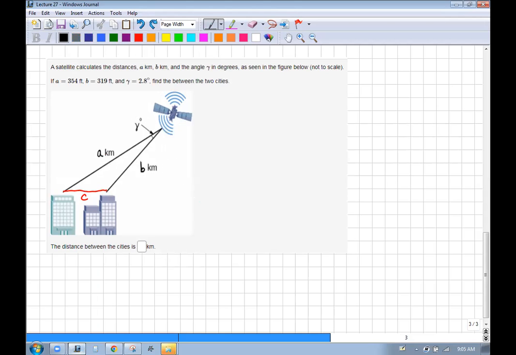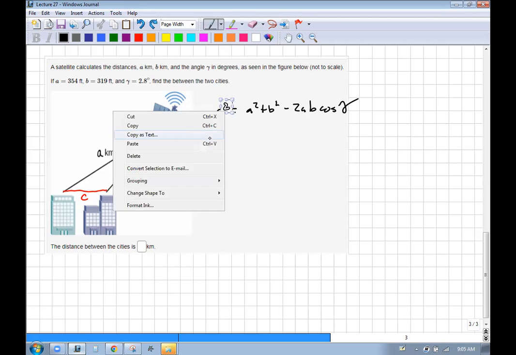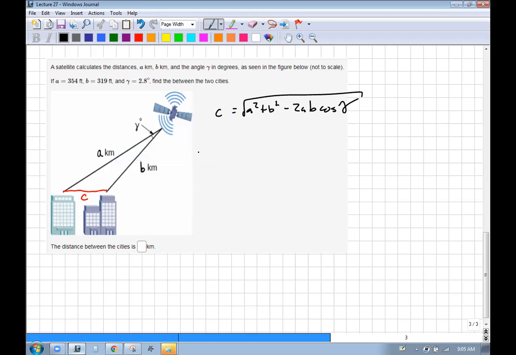So C squared is A squared plus B squared minus 2AB cosine gamma. C and the gamma go together. These are the two sides opposite that side. So C is the square root of this stuff. We know what A is, we know what B is, and we know what gamma is. Just plug them in.